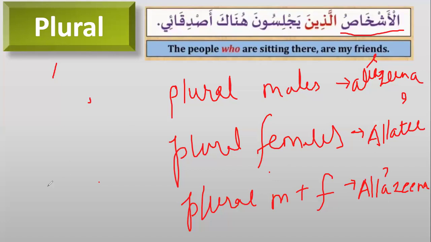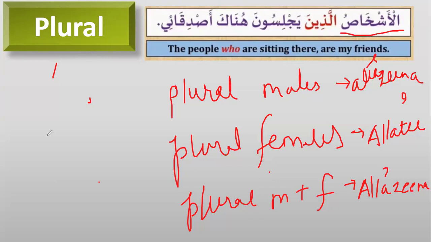Ma'am, do we also have allatina? Allatina, no. For the plural form of females, we use only two: allati, allai. There is no allatina. Keep in your mind the table which I showed you on the first slide. Ma'am, in place of allati, we can also write allai?